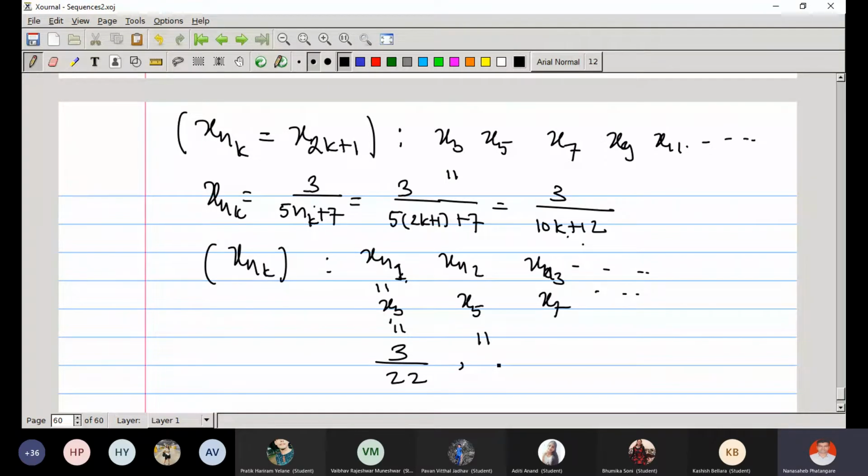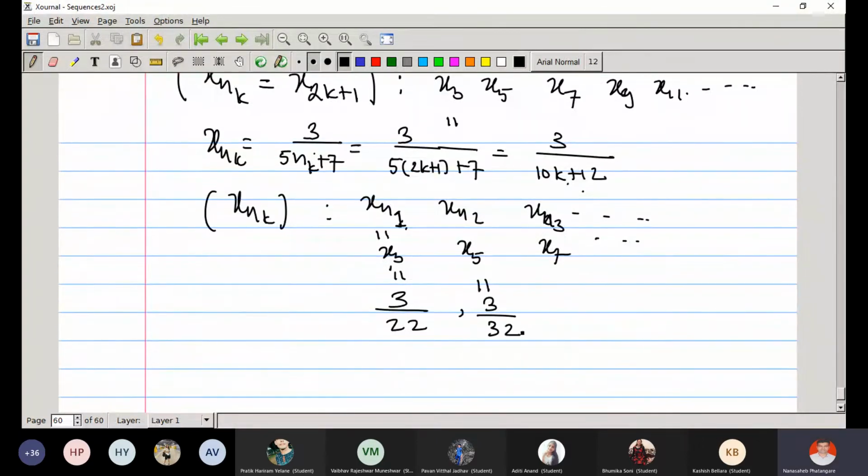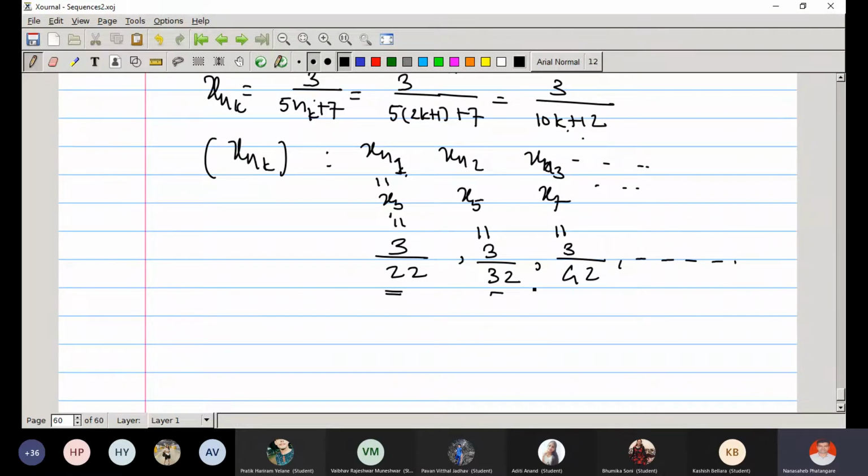What is next? 3 upon 32. Next is 3 upon 42, and so on. This is a subsequence. So this is the first term in the subsequence, but it is the third term in the original sequence. This is the second term in the subsequence, but it is the fifth term in the original sequence. So that is what we discussed yesterday.